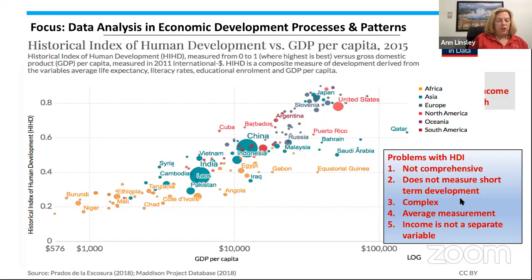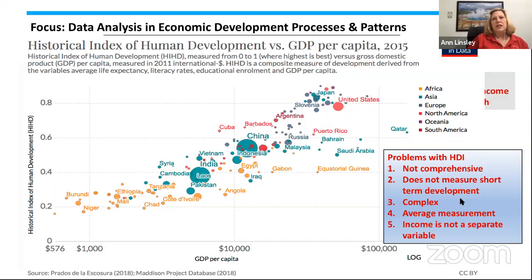It doesn't measure short-term development, meaning it's measuring things over a very long period of time. It's not looking at what happens if you have a short-term burst of economic contributions to the economy, such as starting up schools. Things like this contribute to the HDI variables, but it's short-term initially, so it's not going to show up in your HDI.